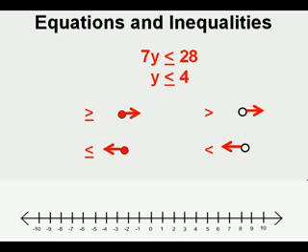We solve it by dividing by 7, so y is less than or equal to 4. And we match the graphing method with the inequality symbol. And here it is graphed. We have the solid point at y equals 4, and then the arrow to the left.